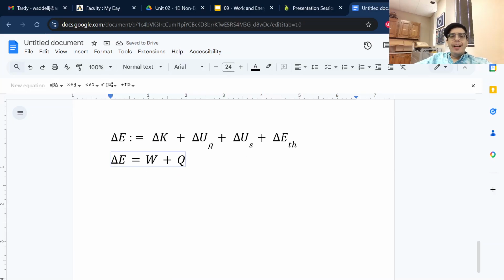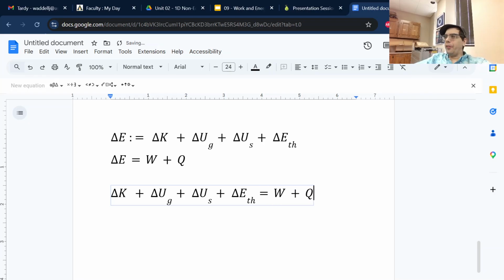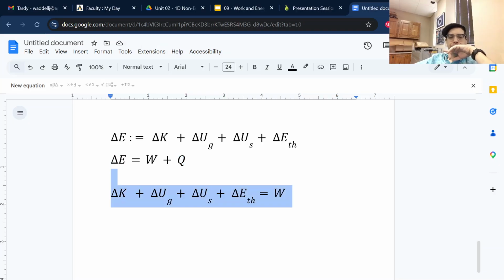The way we end up using this is combining them. So we would say on the left-hand side, we've got all of those energy terms, and that's equal to work plus heat. And in this class, heat is going to be 0. So I'll go ahead and erase it right here. But that's just because of the types of problems we're going to see.